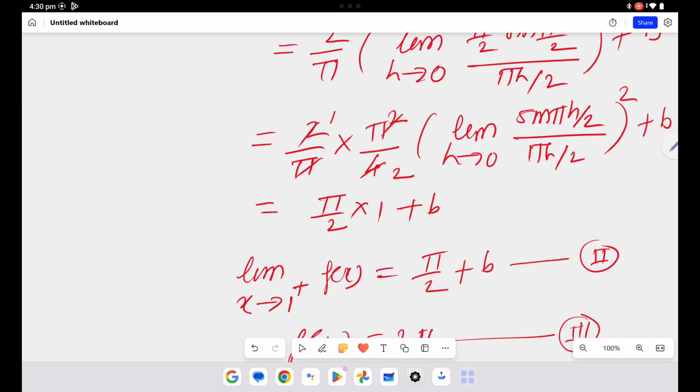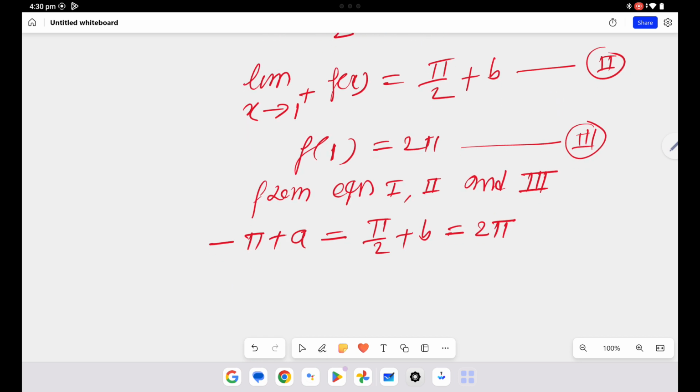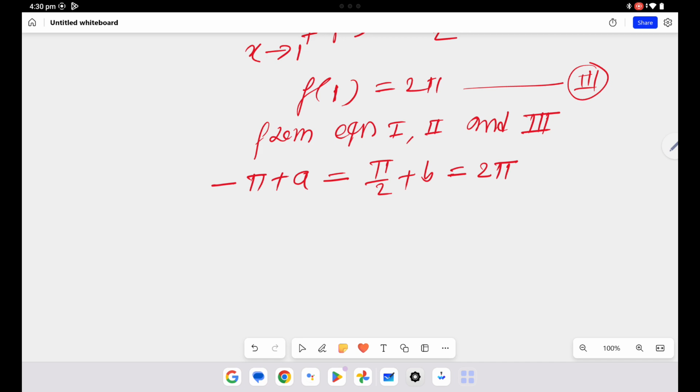By using the definition of continuity, left limit equals right limit equals f of 1. So here minus pi plus a is equal to the right limit that is pi by 2 plus b, is equal to f of 1. So we write here 2 pi. This is f of 1. That is, left limit equals right limit equals f of 1. Therefore from this we find the value of a and b.